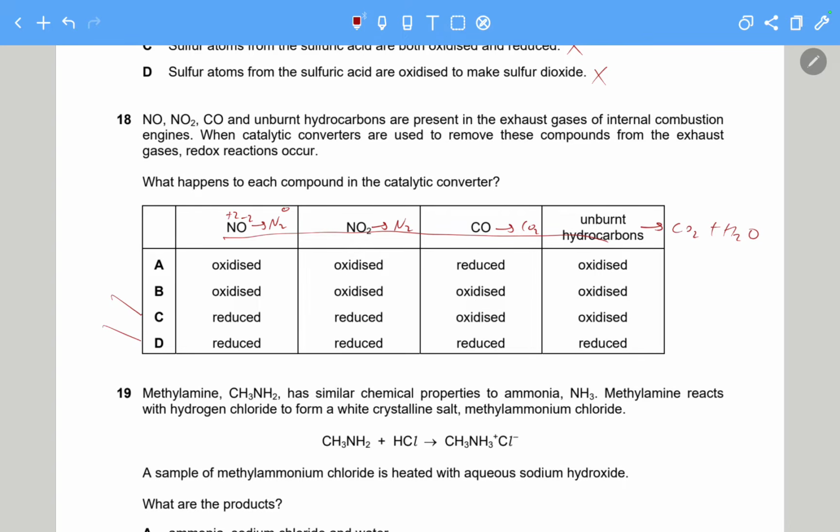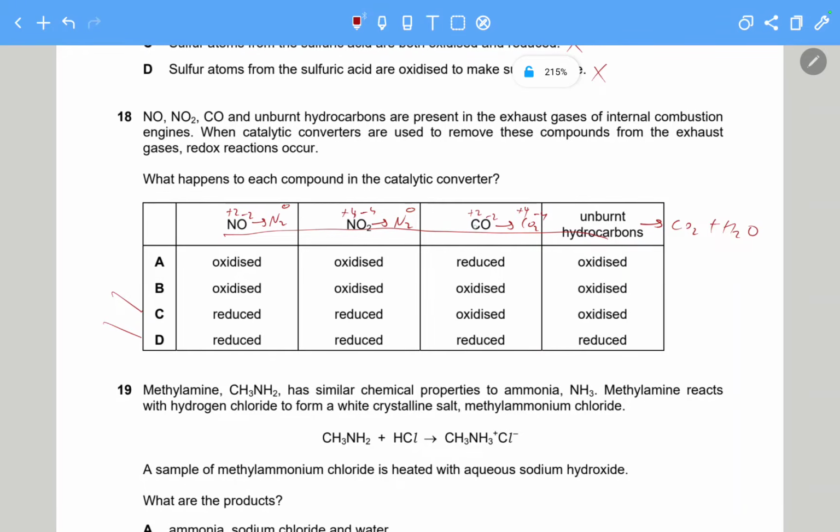Then we look at NO2, and it goes to N2, and 2 oxygens -4, so +4 for the nitrogen. The +4 goes to 0 in N2, and therefore it is also reduced, which is in both options, so we didn't really have to do that. Then carbon monoxide, we know that oxygen is -2, carbon is +2 here, but in carbon dioxide, the total is -4 from the 2 oxygens, and therefore from the carbon it is +4.